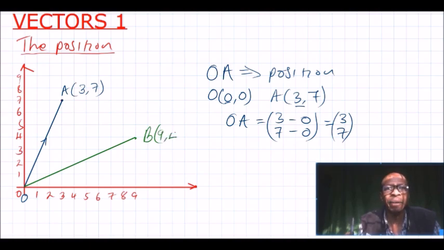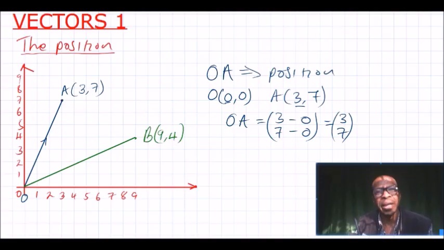So we can say OB is a position vector because the starting point is the origin. Any vector starting from (0, 0) is called a position vector.